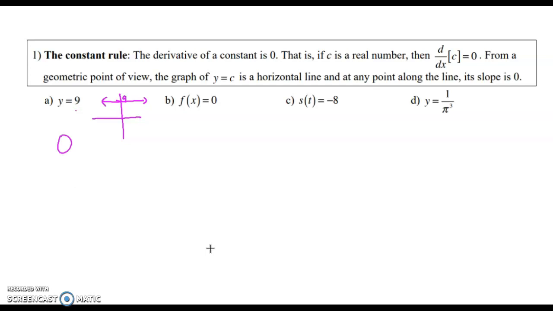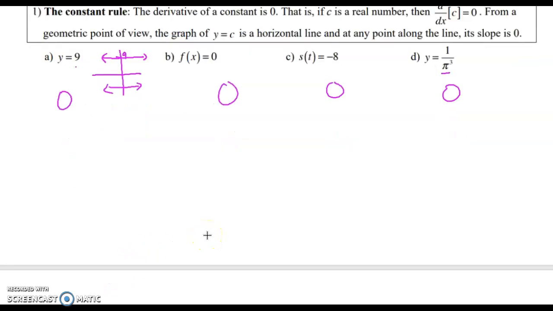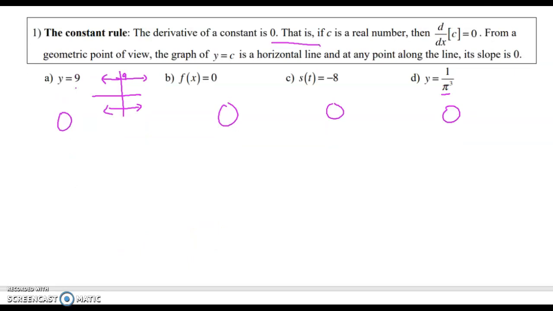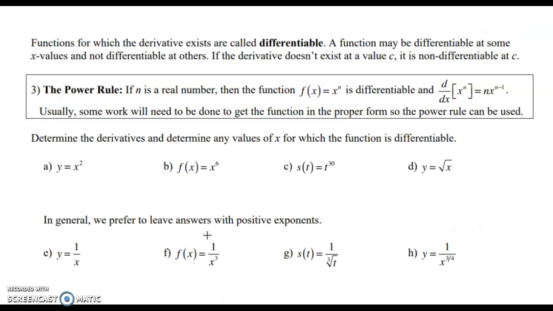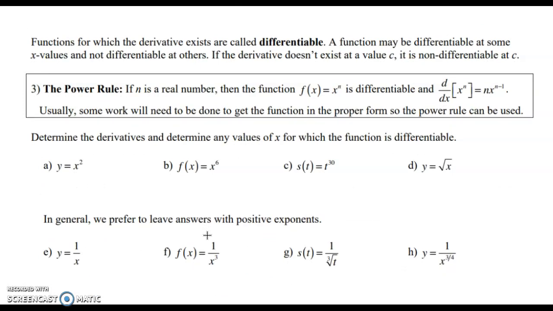Same thing, 0, if I was down at -8, and pi, remember, is a number. So this all is a number, and its derivative is going to be 0, okay? And a slope of 0 is going to be important once we start looking at horizontal tangent lines and things like that.